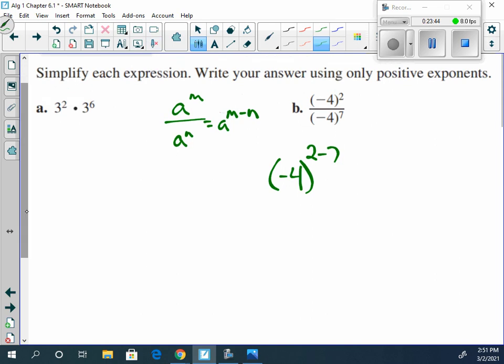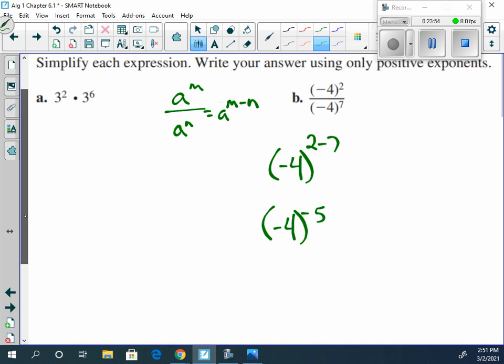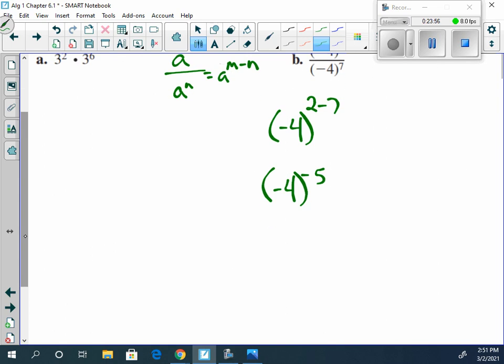And what is 2 minus 7? Almost. It would be 5, but it would be what? It'd be negative 5. And for us to keep a positive exponent, we've got to move it to the denominator. So it has to stay in the denominator.